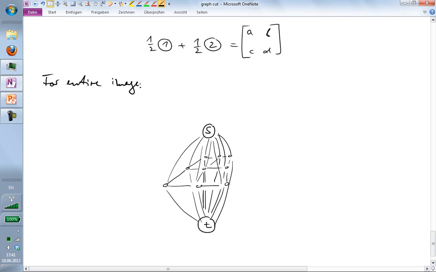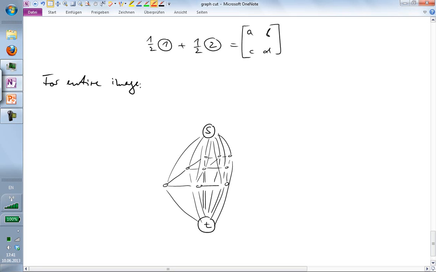Where the capacities of these edges to the source and sink reflect to what extent a pixel would like to be class 0 or class 1. This was the unary construction I showed. And the connections between pixels implement the smoothness assumption. We can now find a cut.